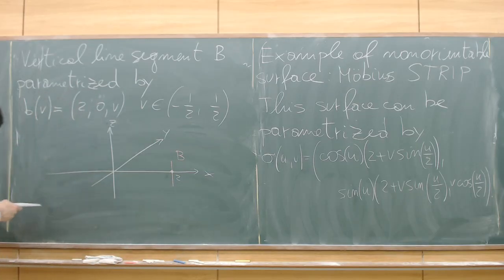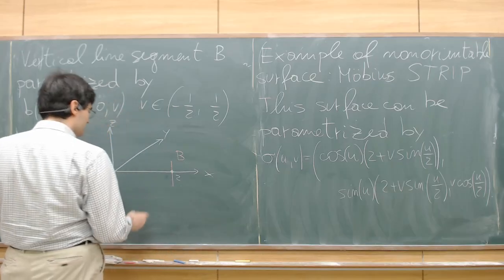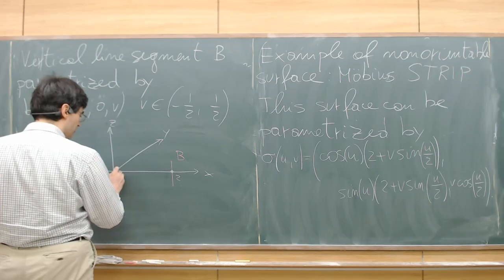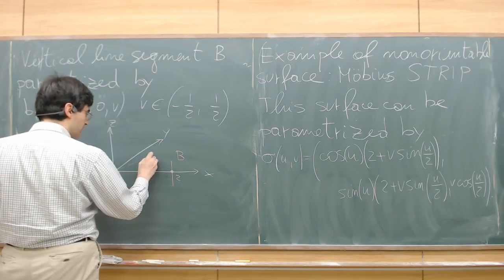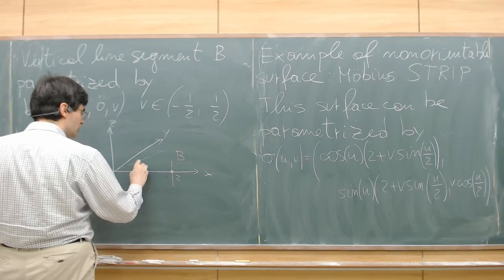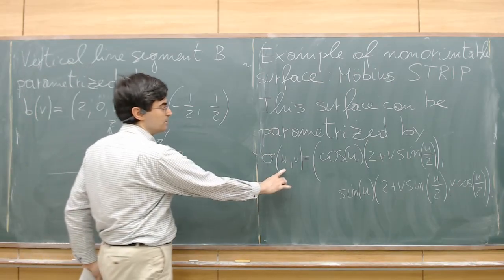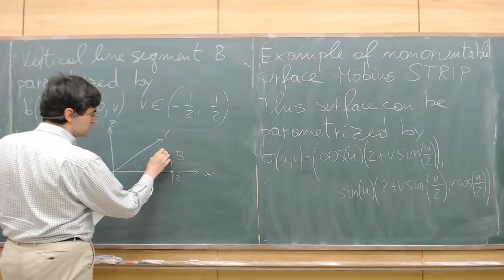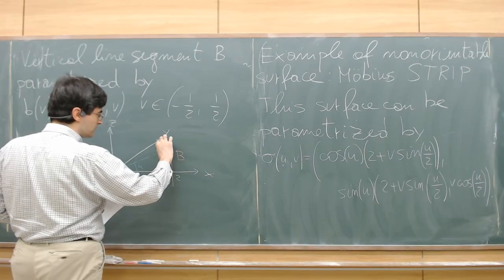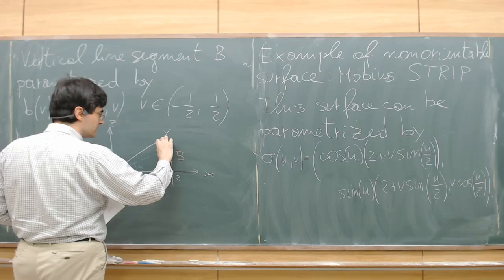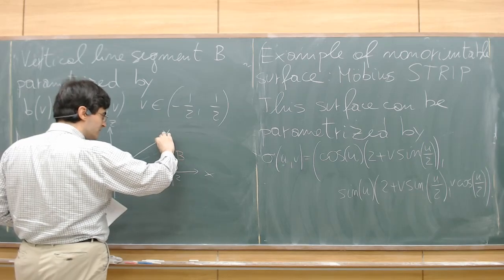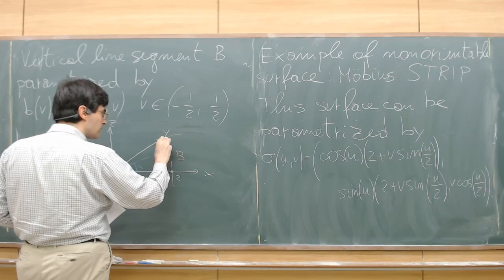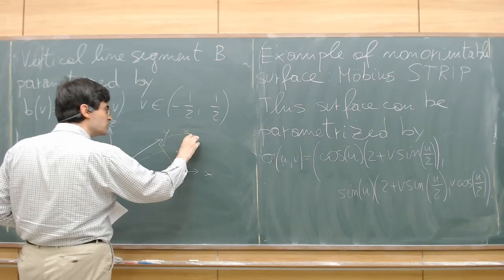The idea for constructing this map is that if, for example, this is an angle equal to u, which is this variable, then B will have rotated by an angle equal to u over 2.